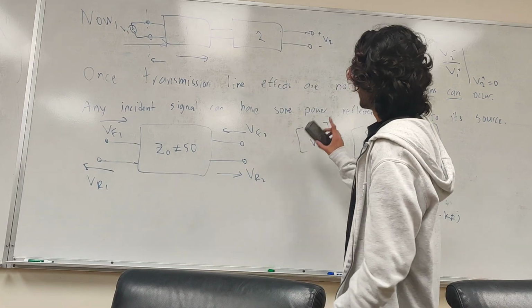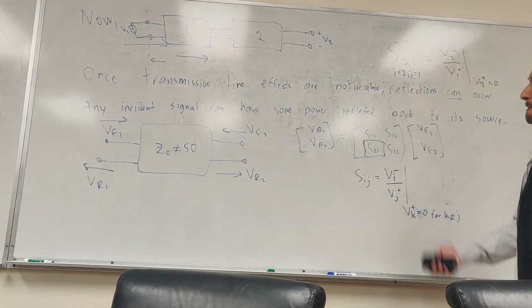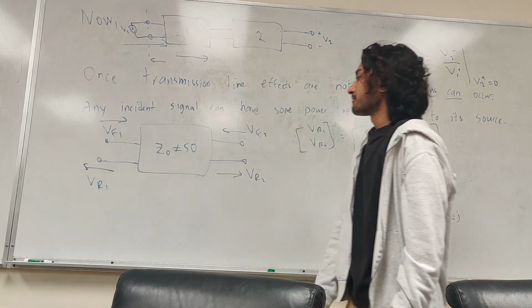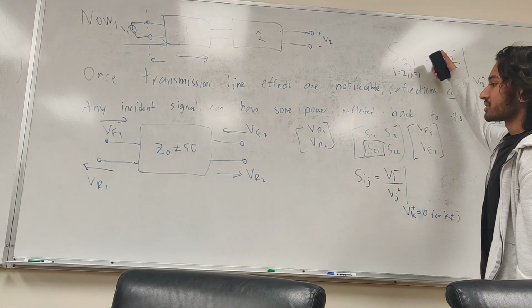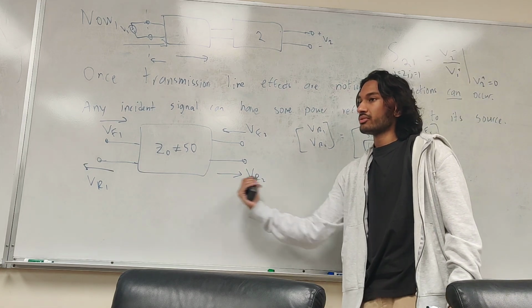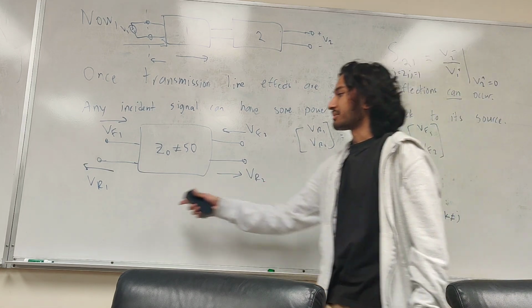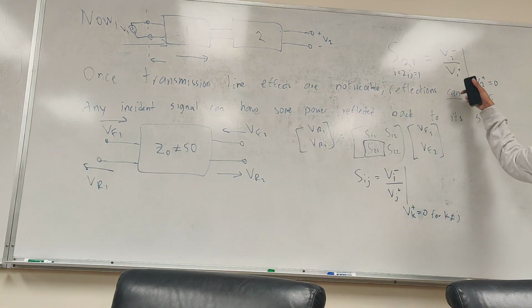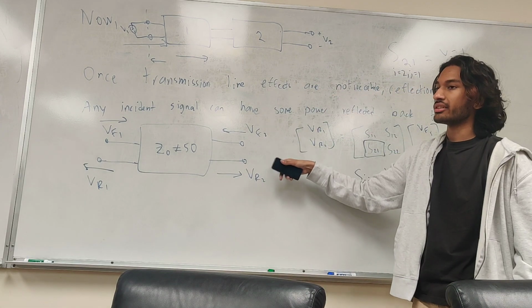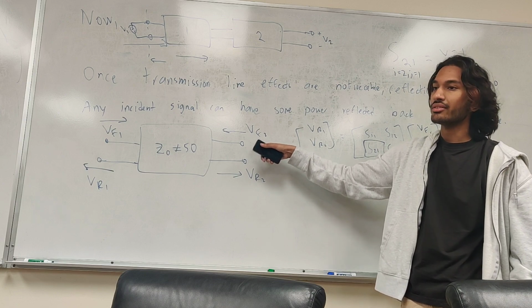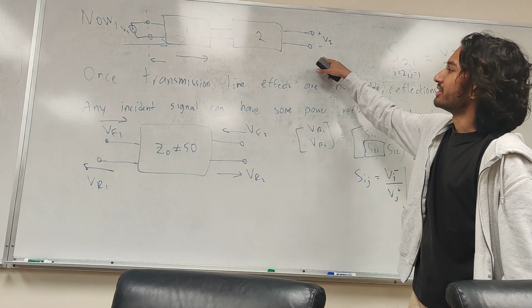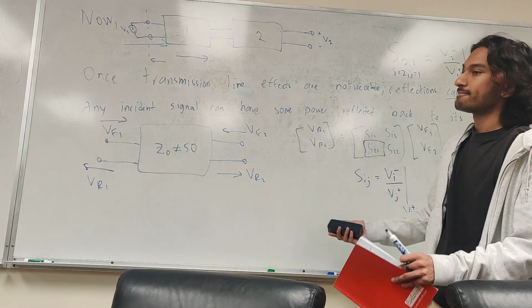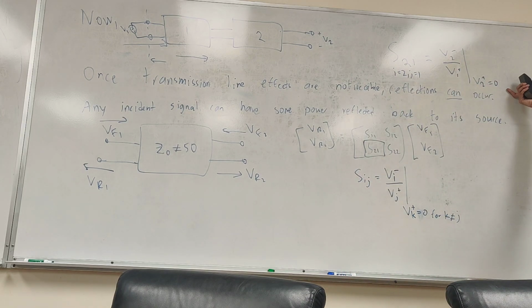So what they're saying is we put in a signal over here, like this V1 here, okay? We're at port 2, we're going to see something coming out from port 2, and we're going to see something being reflected. That's what we call our S21. And this is assuming we don't have a voltage source here to make sure VF2 is 0. Just like before, we can't put voltage sources in at the same time because we don't know what to do to what, this is kind of the same thing.